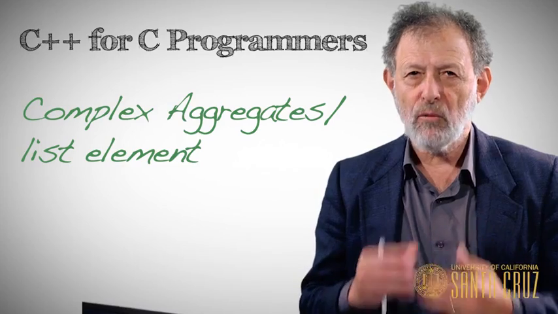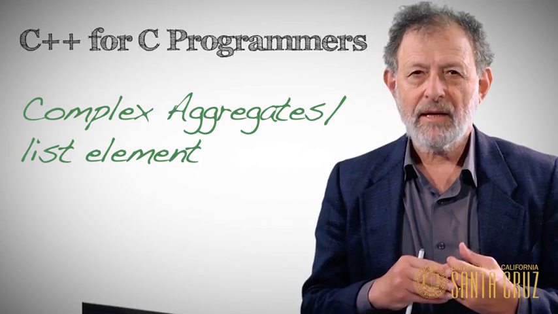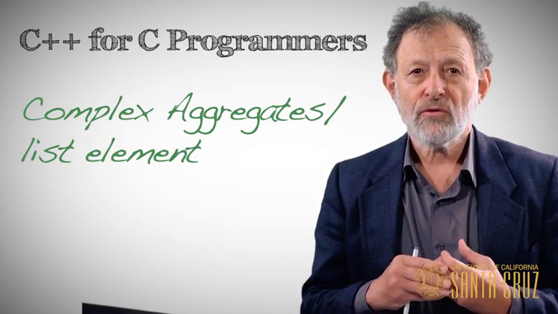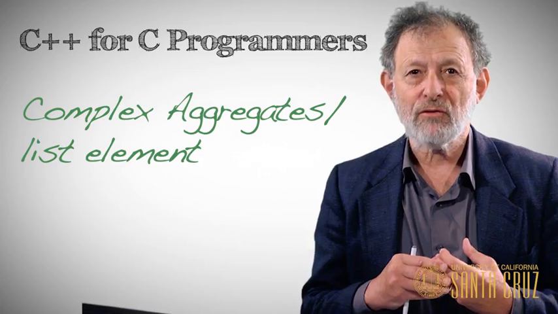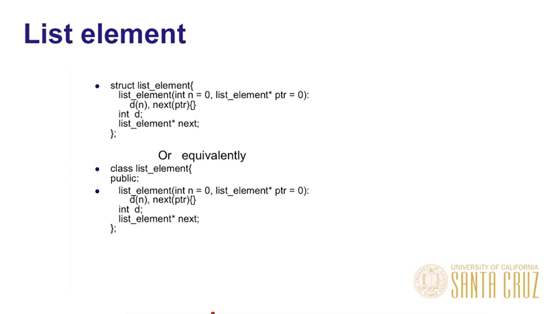So struct morphed into class. Again, this is review. Struct just means everything is by default public. So here we don't have a keyword public, it's just implicit up here.